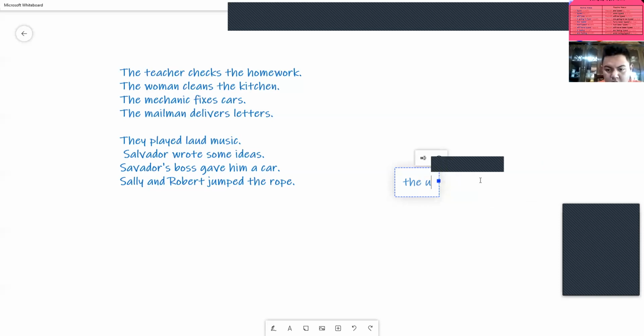Ay, no, no. ¿Por qué borraste homework? Ok. The homework is, ajá. Is the teacher. No, no. ¿Cuál es el verbo? Check. Revisar, ¿no? Checked. Ujú.